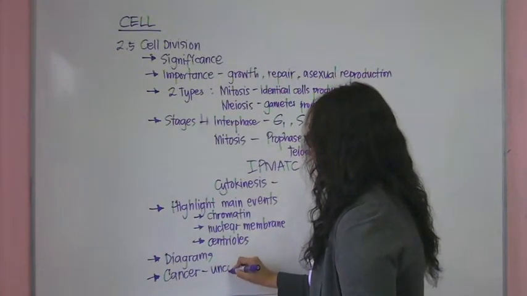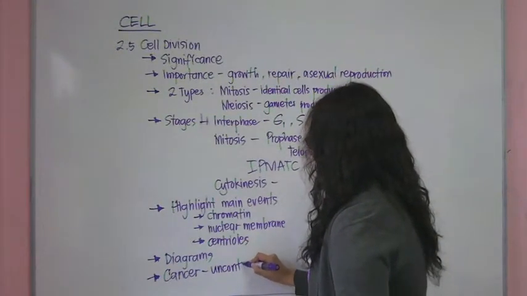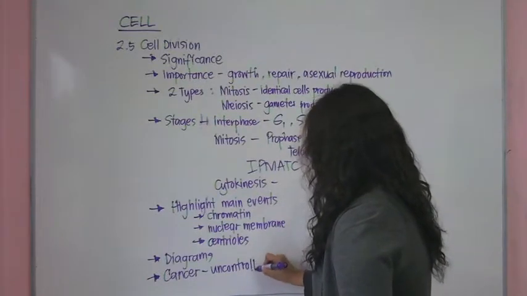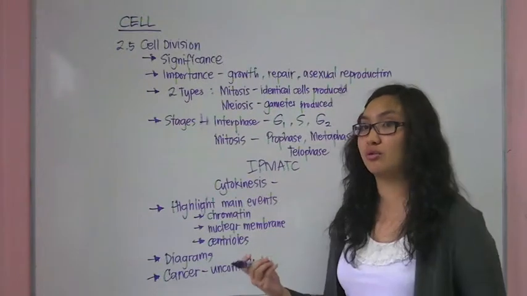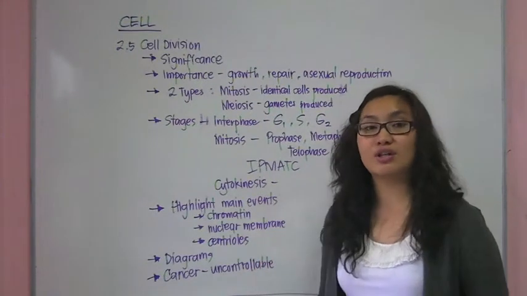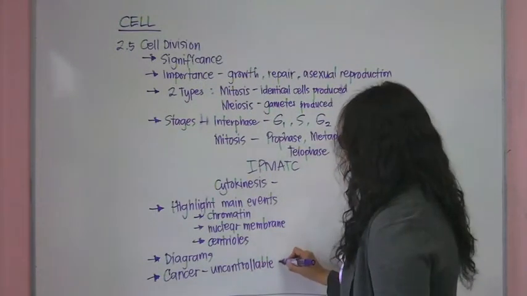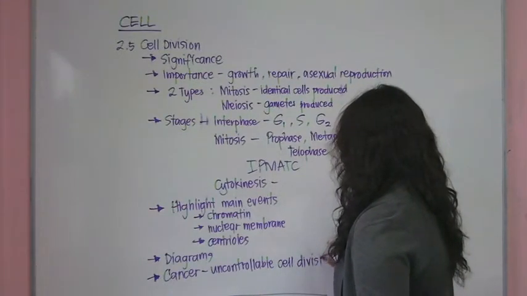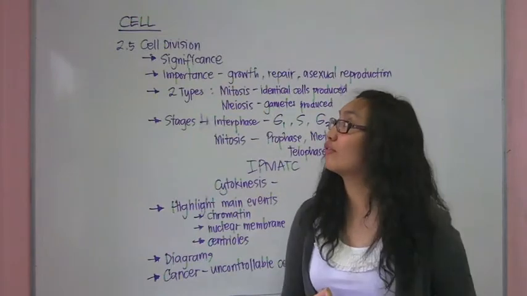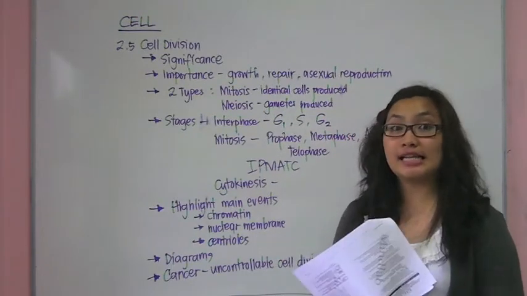So whenever the DNA is mutated or destroyed, it can lead to uncontrollable cell division. Okay. So that is all for this topic.